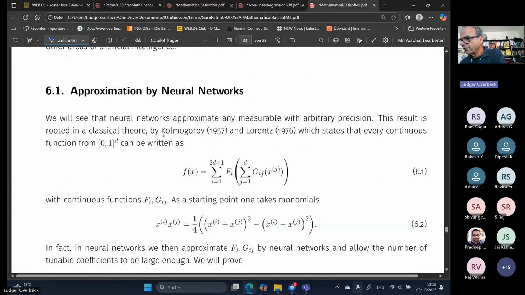Already Kolmogorov proved that other types of networks of this type, they said every continuous function can be arbitrarily well approximated by stuff like this. These are just linear functions. Then you put sigmoid functions on this.